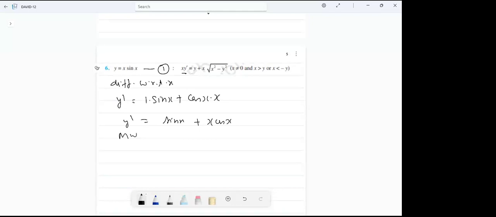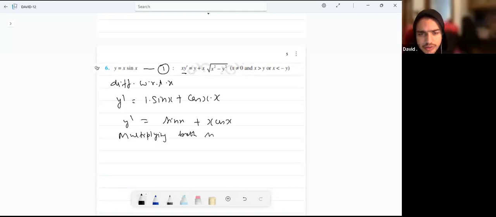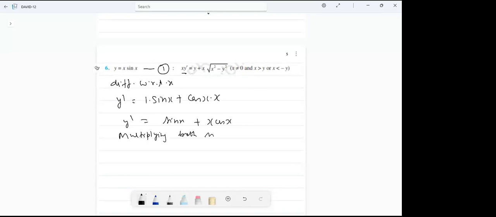And we have to verify xy dash, so multiplying both sides by x, it becomes xy dash.